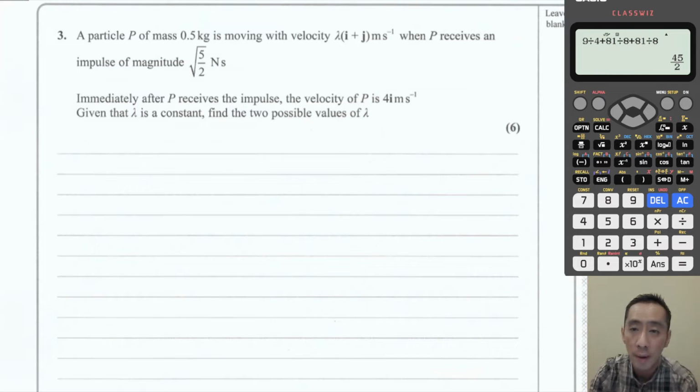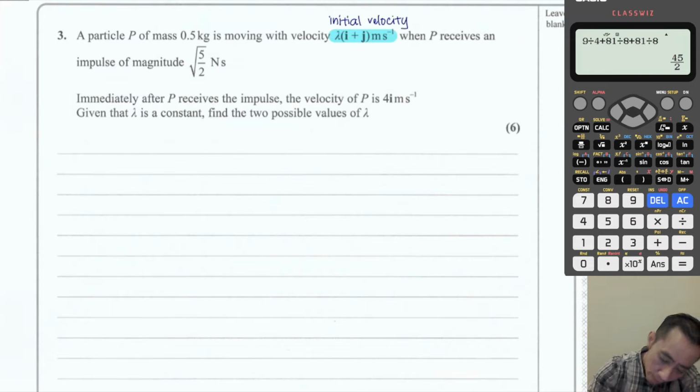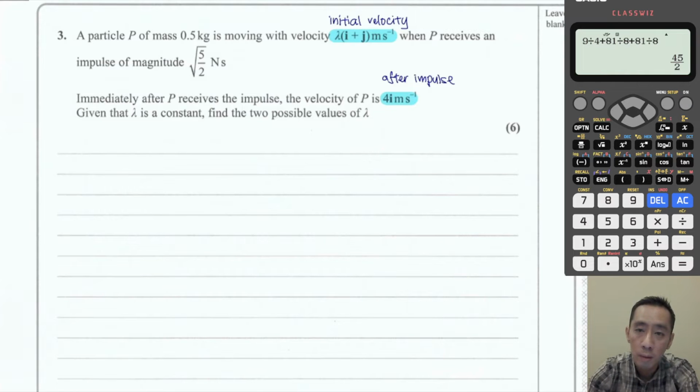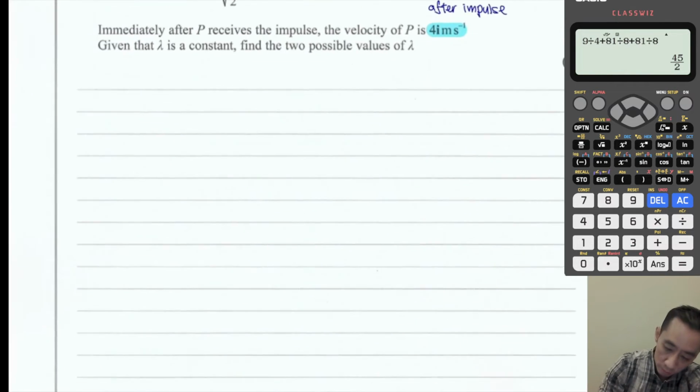So now how are we going to solve this question? This one is the initial velocity, and then this one is the later, so after the impulse. So what is impulse?